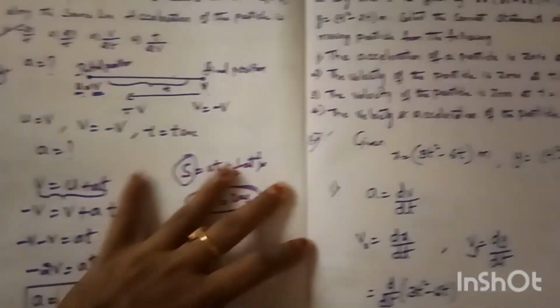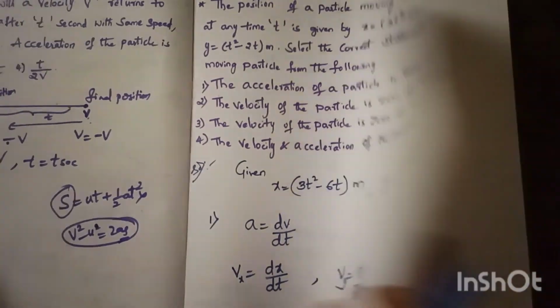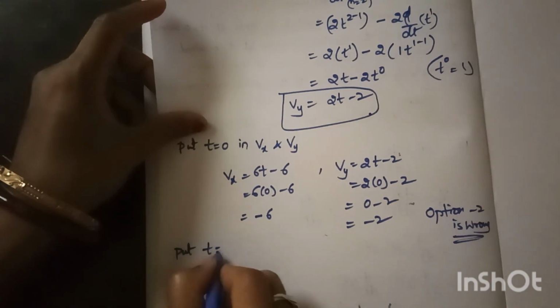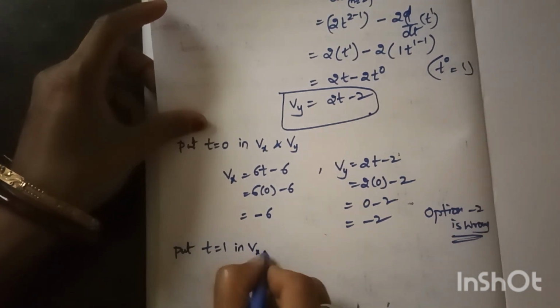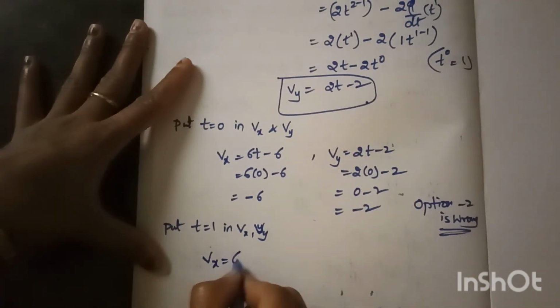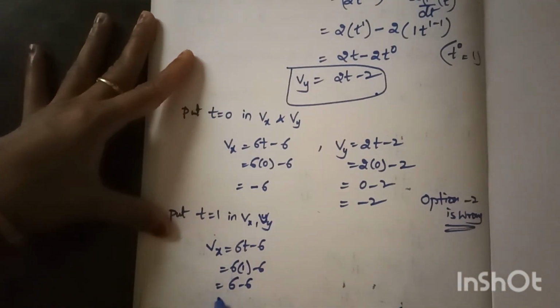Now check option 3. What have they given? The velocity of the particle is 0 at t equals 1. Put t equals 1 in Vx and Vy. So what is Vx? 6t minus 6, with t equal to 1: 6 into 1 minus 6, 6 minus 6 is 0.